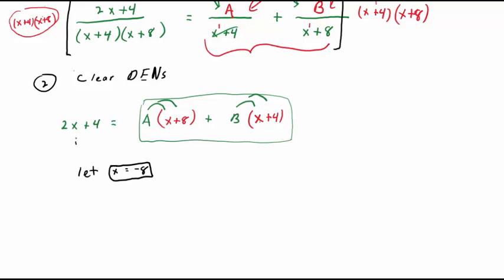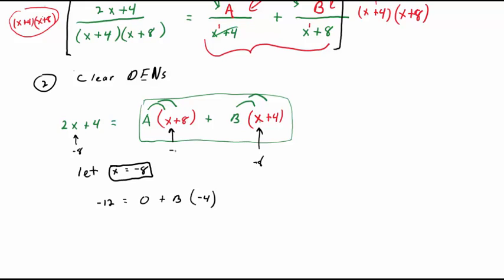If you put in a negative 8 there, it becomes negative 16 plus 4, so negative 12 on the left side. It equals, well, 0, right? This whole term goes away. That's the whole point. And then plus b times (x plus 4), well, no, you're plugging in negative 8, so negative 8 plus 4. So you're plugging in a negative 8 everywhere.